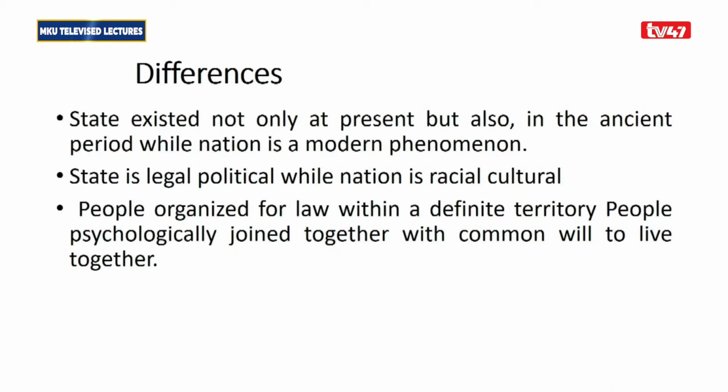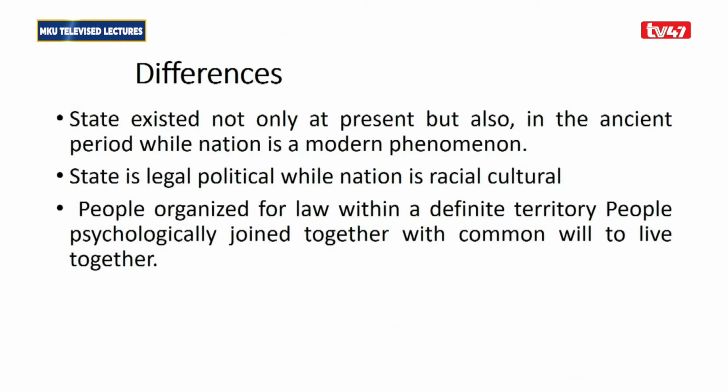Difference number one, you find that the state existed not only at present, but also in the ancient period, whereas the nation is a modern phenomenon. Looking at what other writers and scholars have said about a nation and a state, they have said that a nation is founded on political elements, and therefore the political elements of a given country are used to define what a nation is, or to define nations.